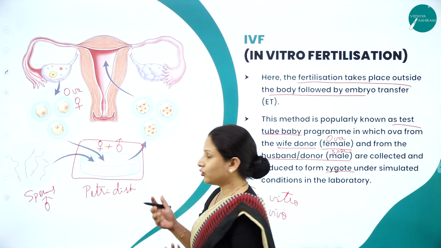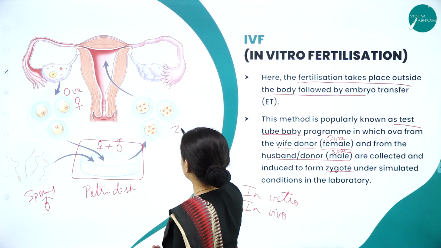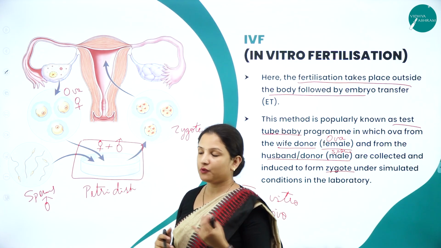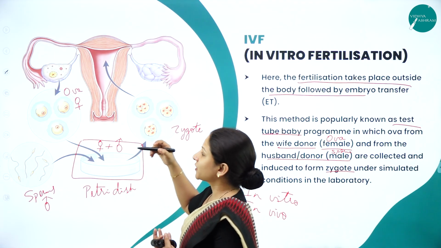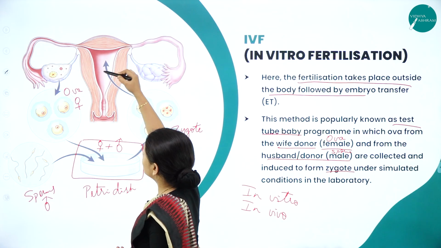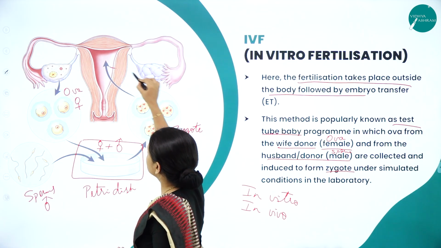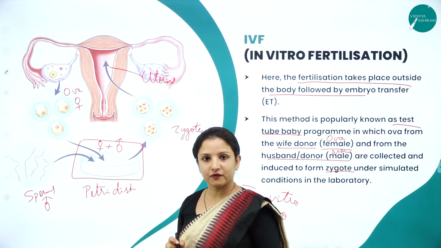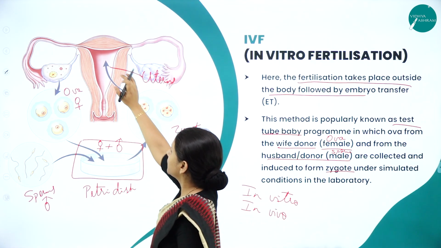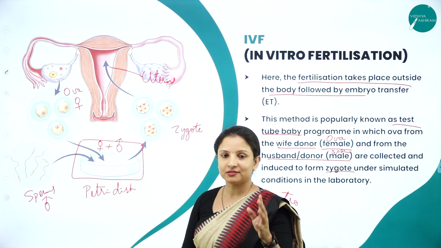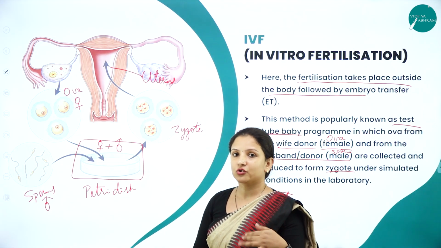What will it develop into? It will develop into the zygote. That zygote, or the next stage, the morula stage, or the 16 or 18 celled blastomere, will be inserted into the womb. This is the uterus. It will be inserted into the uterus or womb of the mother, and there it will go and embed in the endometrium lining of the uterus, and further it will start developing into the fetus.